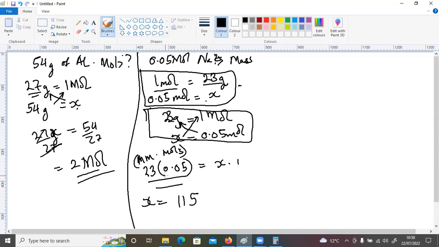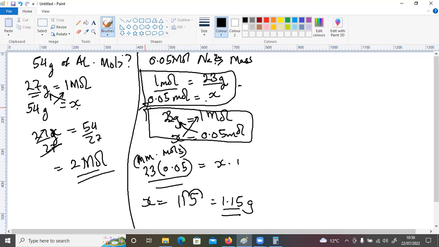I said when you are multiplying or dividing quantities with decimals, avoid the decimal, do the multiplication, then introduce the decimal. So two decimal places, 1, 2, and this will give me 1.15 grams of sodium, equivalent to 0.05 moles of sodium.